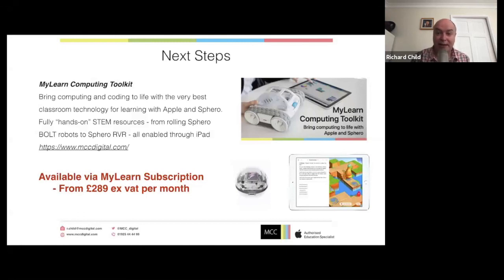They also now have the Sphero rover, so we also include a classroom pack of 5 rover robots. That's the tracked robot you see at the top half of the screen there. They're good fun. You can take them outside into the playground and program them using either Sphero's own app on your iPad or with the Swift Playgrounds app that we've looked at.